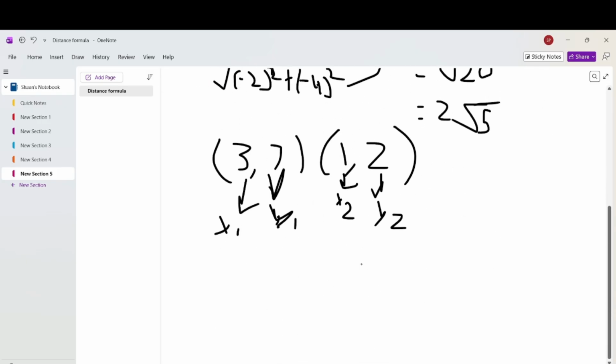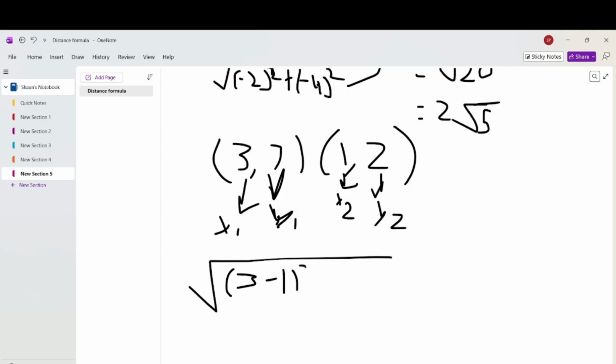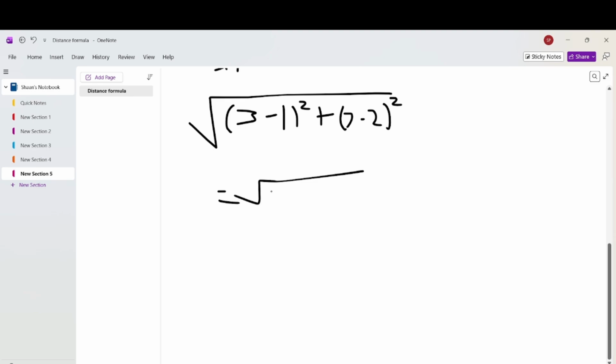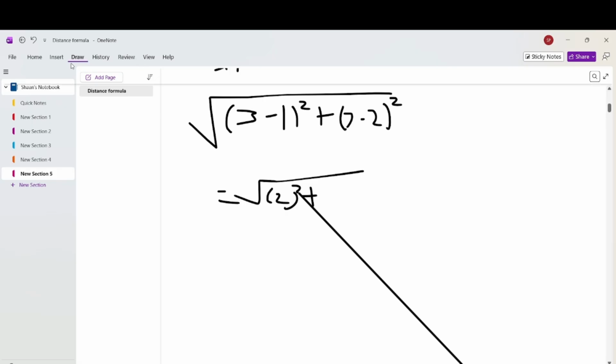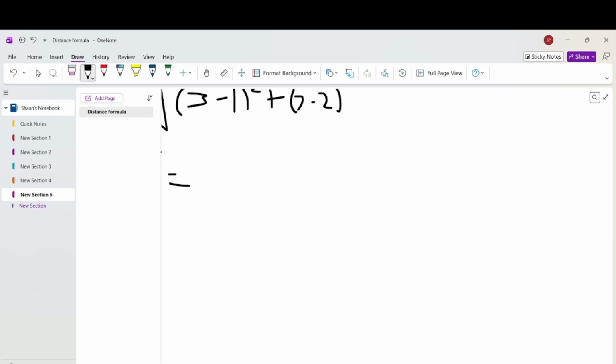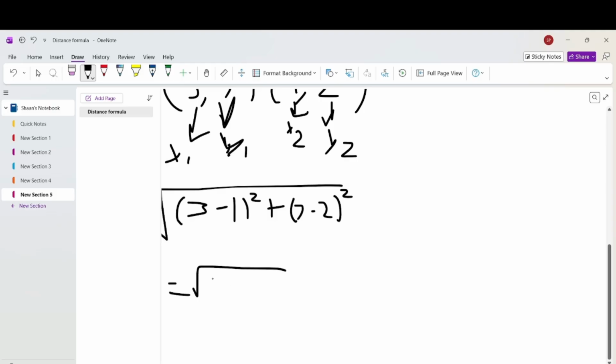Now let's plug it into the equation. So we have x1 minus x2 whole squared, so (3 minus 1) whole squared, plus (7 minus 2) whole squared. That is equal to 2 whole squared, sorry, let me just delete that really quick. So now we just have the square root of 2 whole squared plus 5 whole squared.